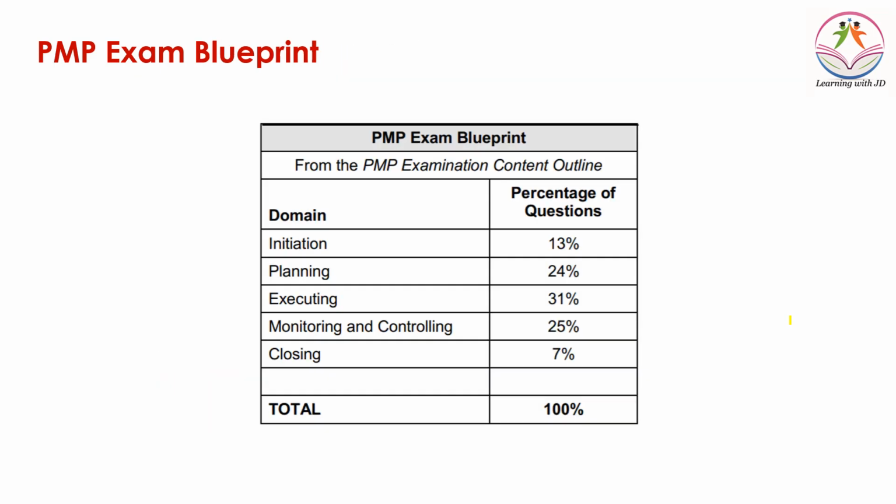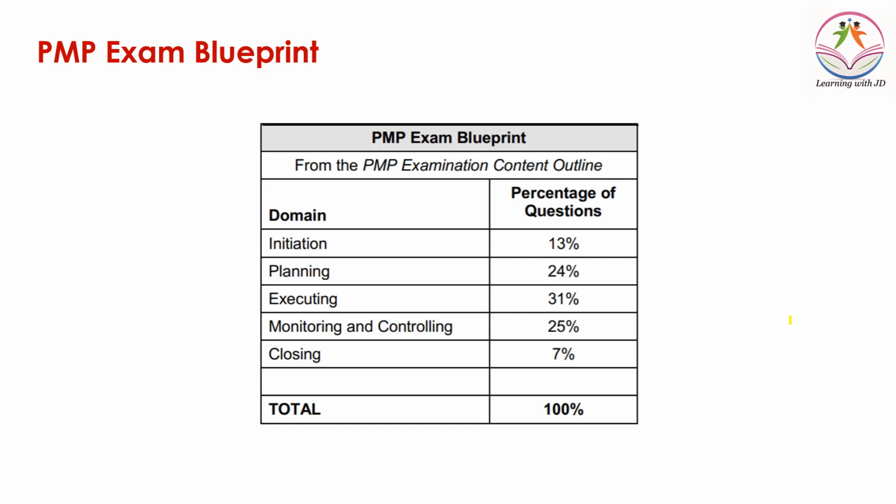The PMP Exam Blueprint. Now, let me give you a perspective about how you should study and which are the most important topics. From the domain perspective, initiation will have 13% questions. Planning will have 24% questions. Execution will have 31% questions. Monitoring and controlling will have 25% and closing will have 7%.